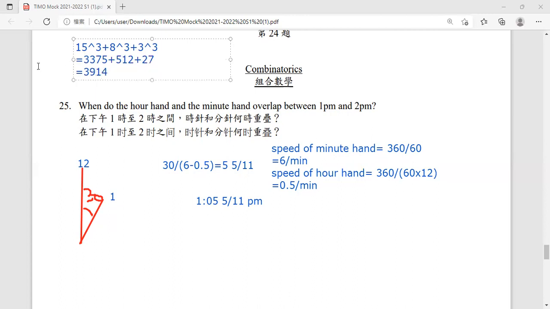It's just that. Sum the cubes. Any question on 25?